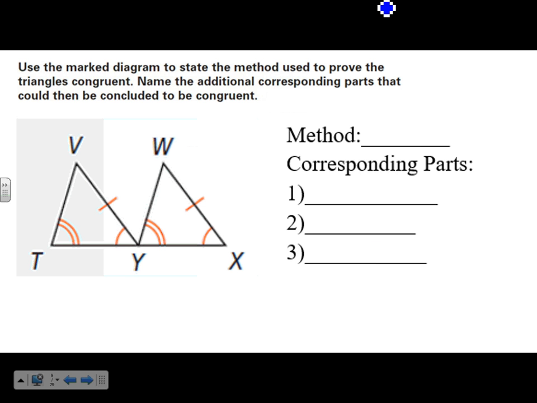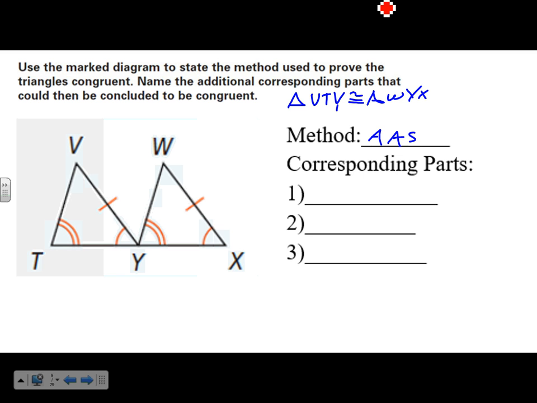So this one we have triangle VTY is congruent to triangle WYX. And the method would be angle, angle, side. The side is not in between the angles, so it's a little bit different than we did earlier.